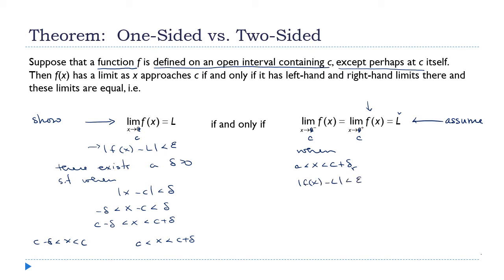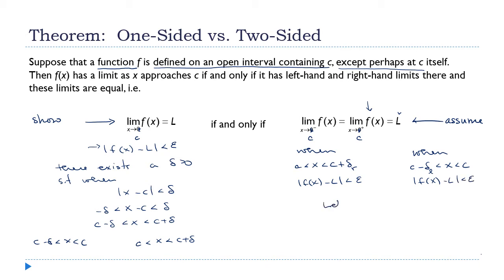And with the left-hand limit, there exists a delta such that when, nope, this is the left-hand limit, I got to go the other way. c minus delta, let's call this delta L, is less than x is less than c. Then again, the absolute value of f of x minus L is less than epsilon.